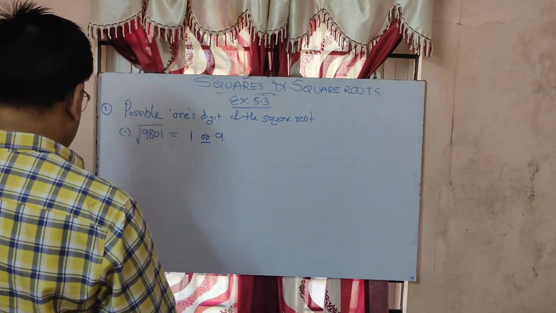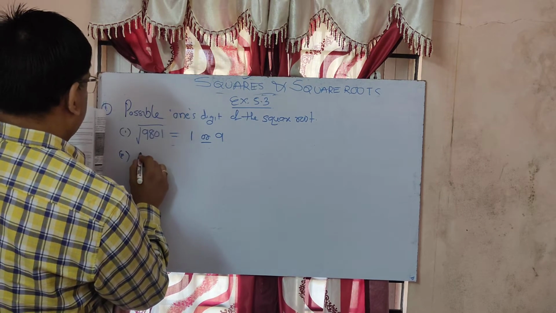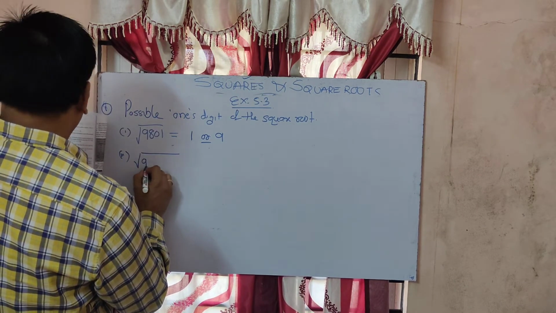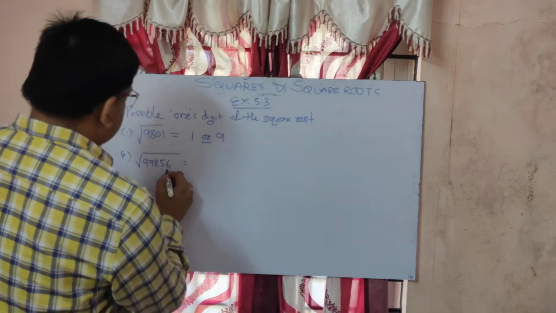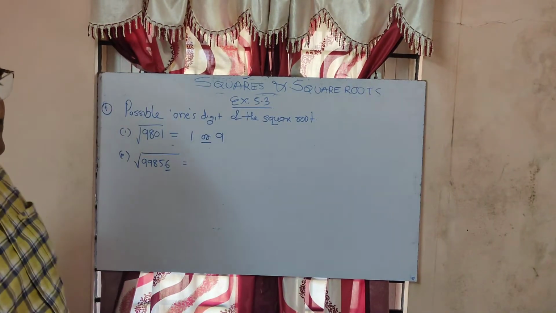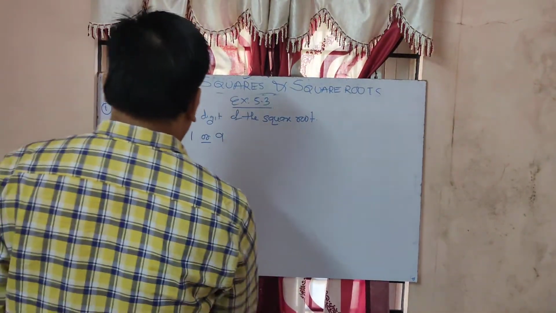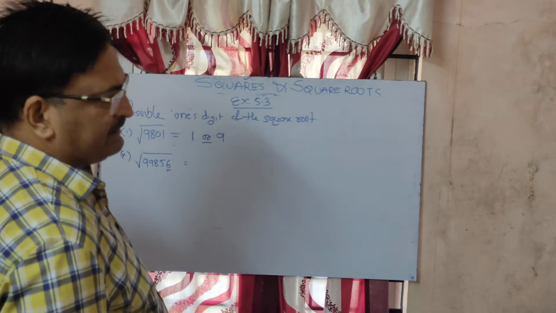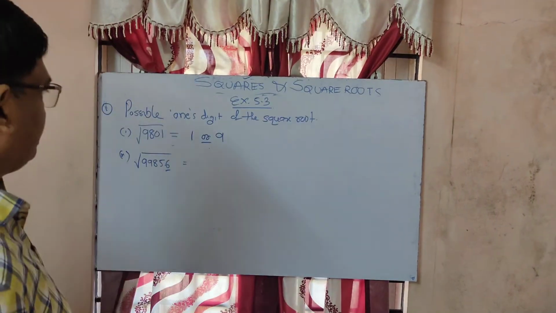That is 99856. If the last number is 6, if the square of the number ends in 6, then what could be the possible ones digit of the square root?